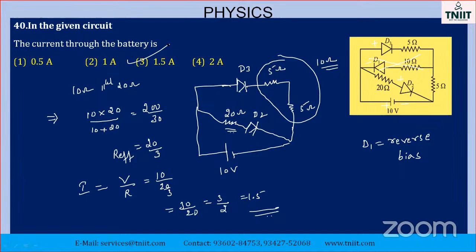So in any circuit containing diodes, you have to neglect the diode which is connected in reverse bias. The diode which is in reverse bias is D1. So you should not consider that D1.